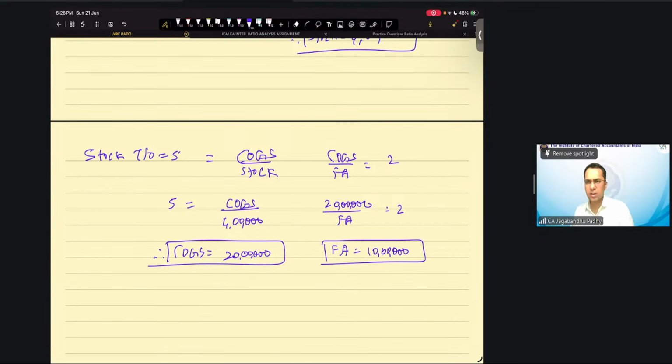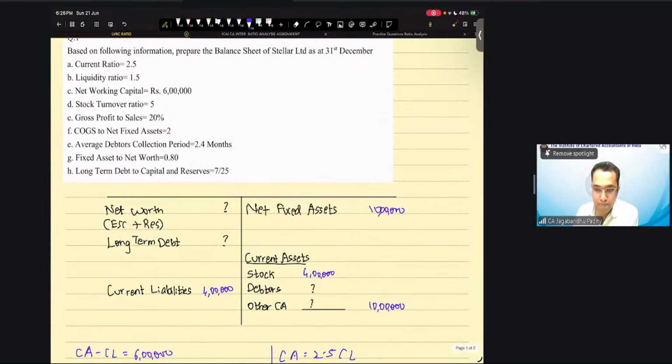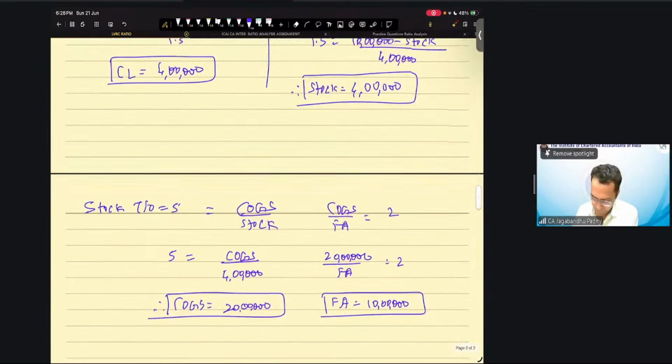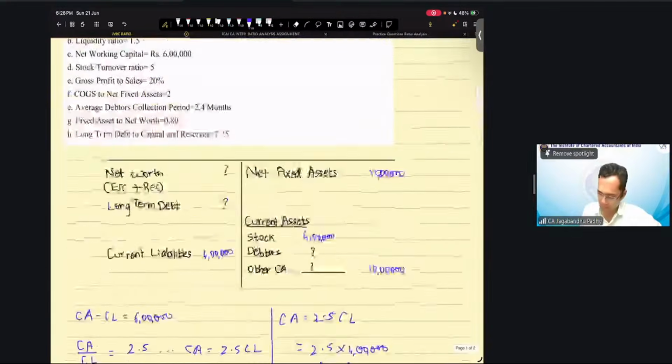How come, Pooja, you're getting 24 lakh fixed asset? Fixed asset is 10 lakh, everyone. Others, just verify. You're getting fixed asset as 10 lakh? Yes, okay, correct. Fine, so 10 lakh is done.